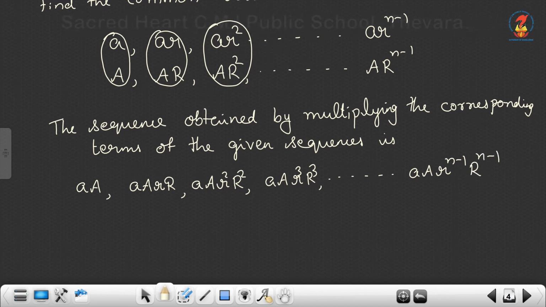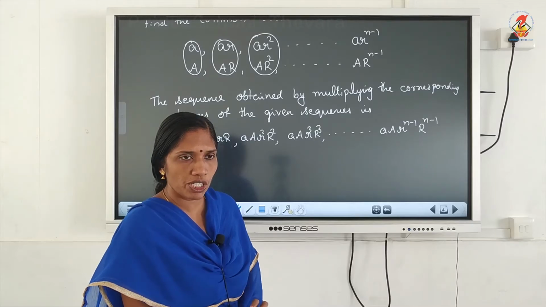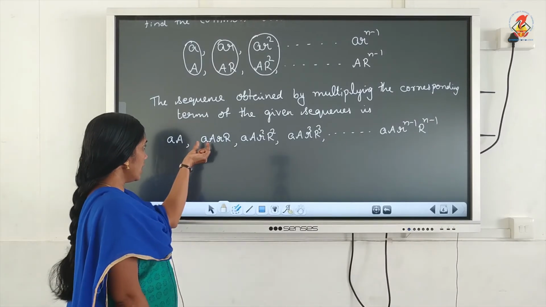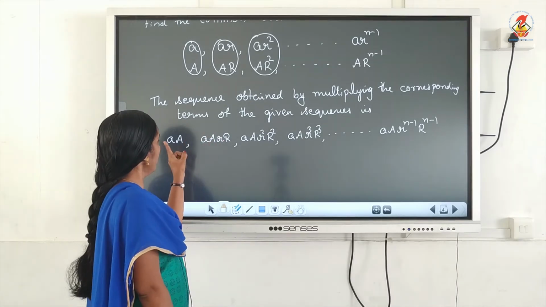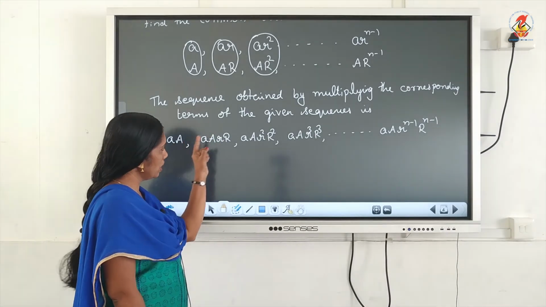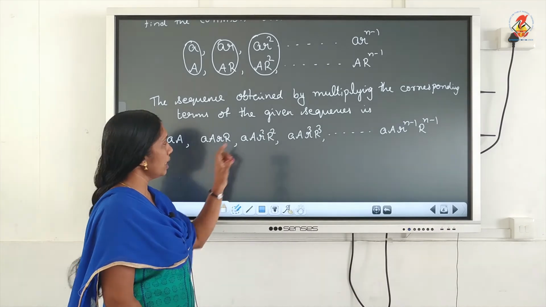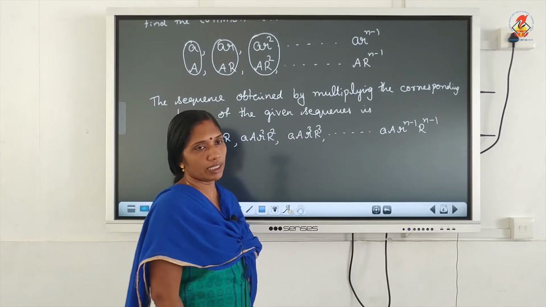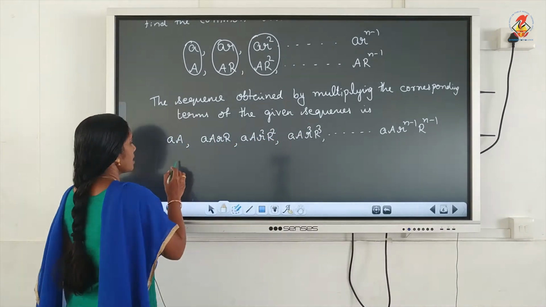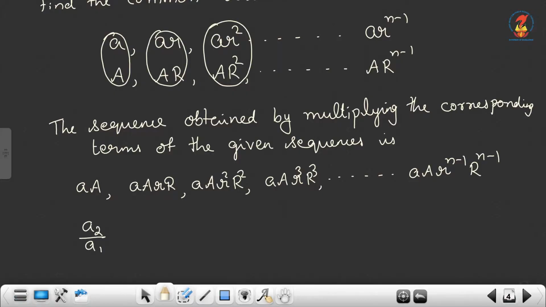We have to prove that it is a GP. Is it GP? How to check GP? The second term by first term will be equal to third term by second term equal to fourth term by third term, like that.